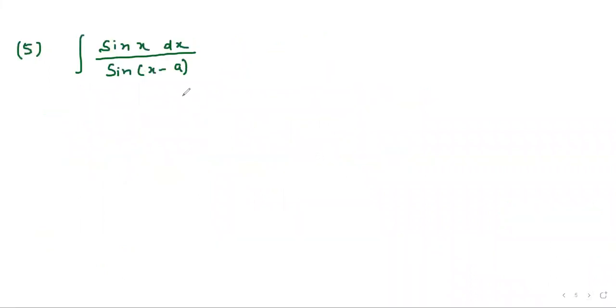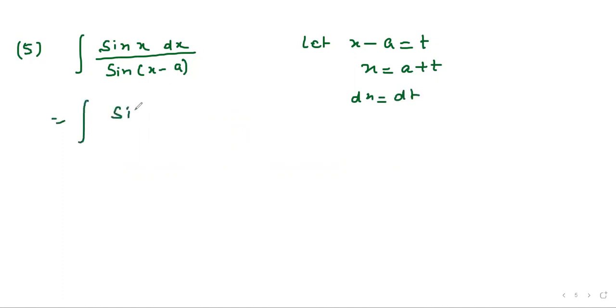Now let's take the next question: integration of sin x dx divided by sin(x−a). Let x−a equal to t, then x equals a+t, and dx will be equal to dt. So in place of x we write a+t, and dt divided by sin t.